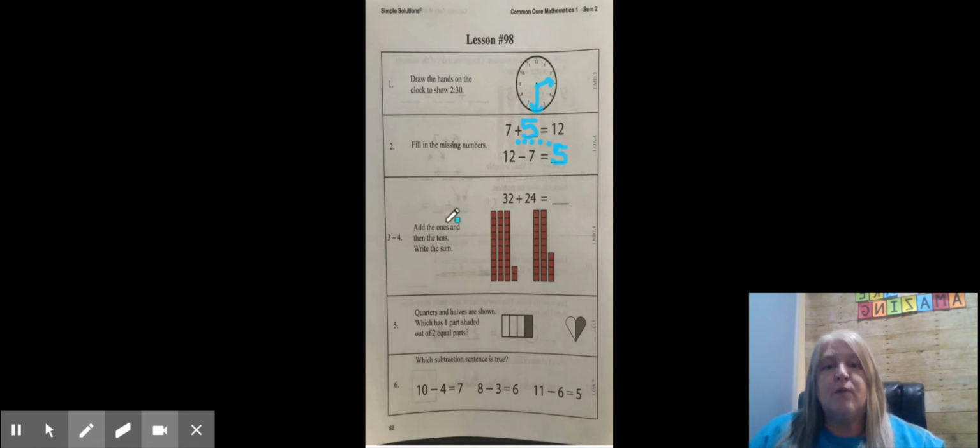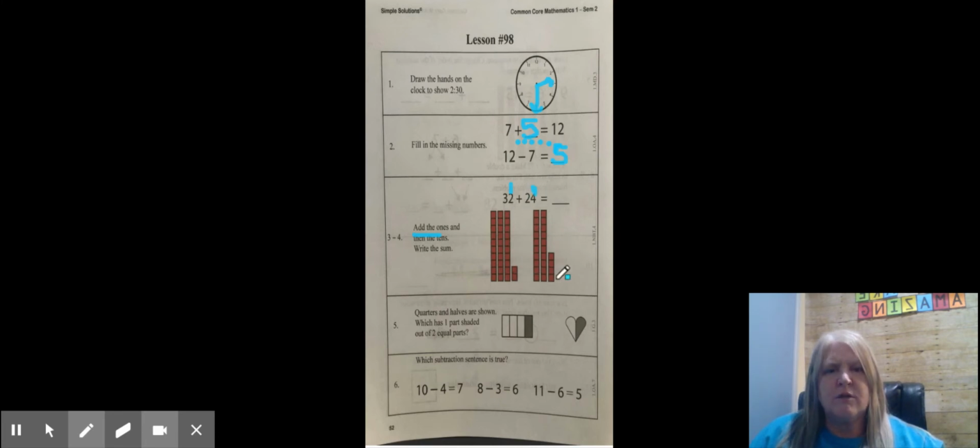Number 3 and 4, add the ones and then the tens. Write the sum. So this is a double-digit addition. 32 plus 24 equals. So they told us the steps to take. Add the ones. So that's what we're going to do first. We have to know that this is the ones, right? So 2 plus 4.